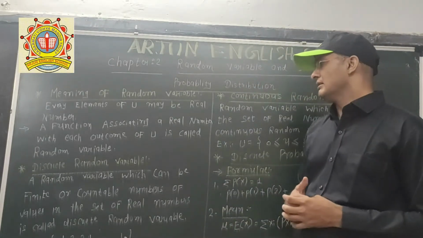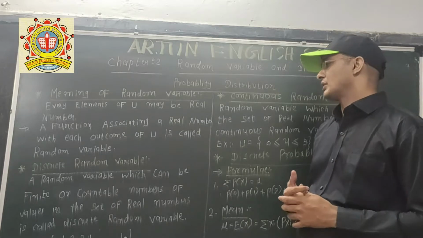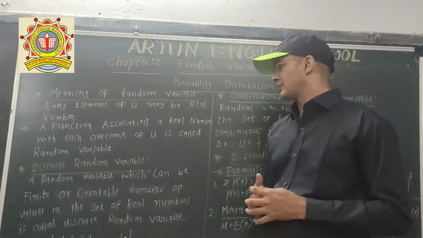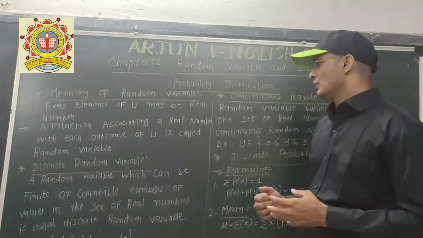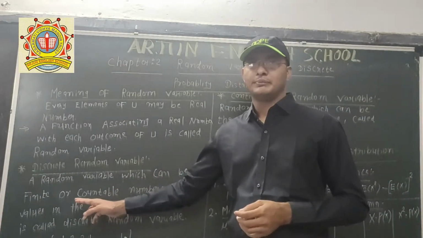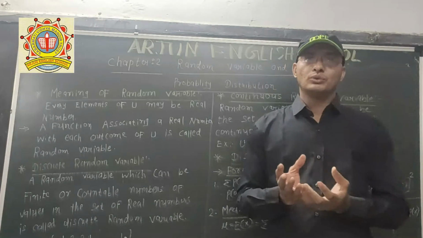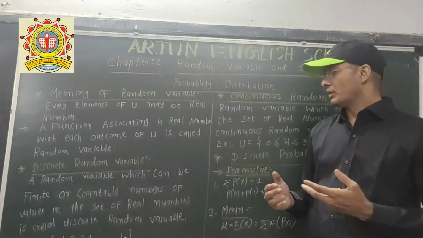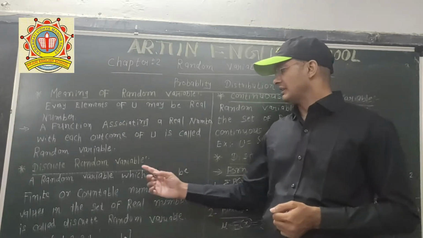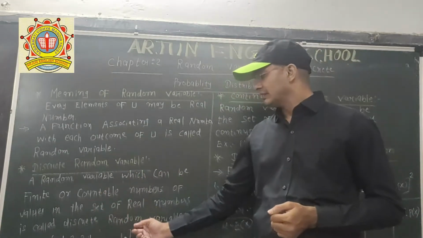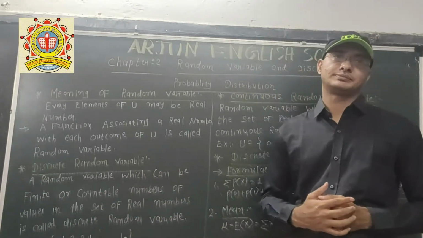Thereafter, discrete random variable. A random variable which can take a finite or countable number of values in the set of real numbers is called a discrete random variable.